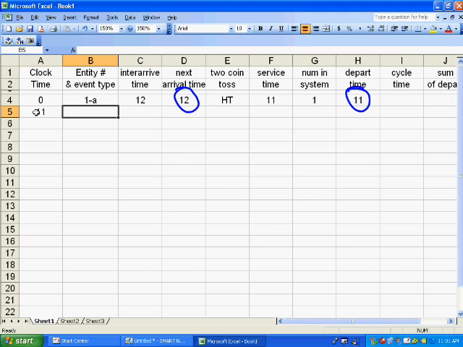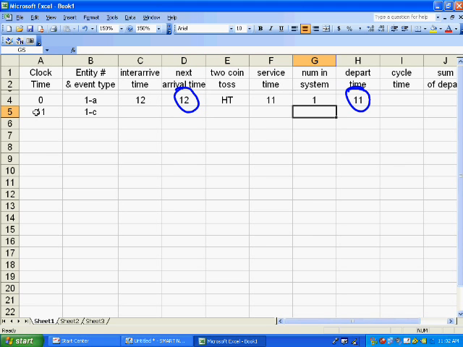That's entity 1, and it is a service completion. So what is causing the clock to jump is the event service completion. We only calculate inter-arrival time at an arrival, so we don't have to worry about that.